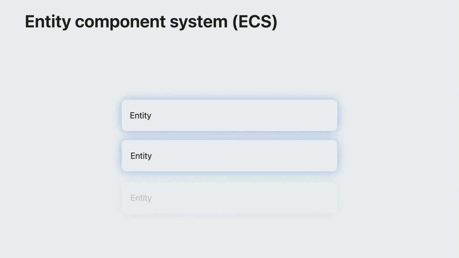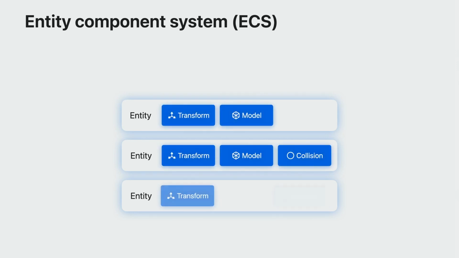Before we look at how using RealityKit carries over from iOS, let's do a quick refresher on how to work with RealityKit's entity component system. In the RealityKit entity component system, each entity is a container for 3D content. Different components are added to an entity to define its look and behavior. This can include a model component for how it should render, a collision component for how it can collide with other entities, and many more.